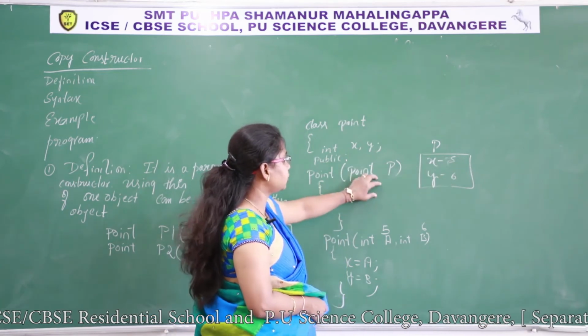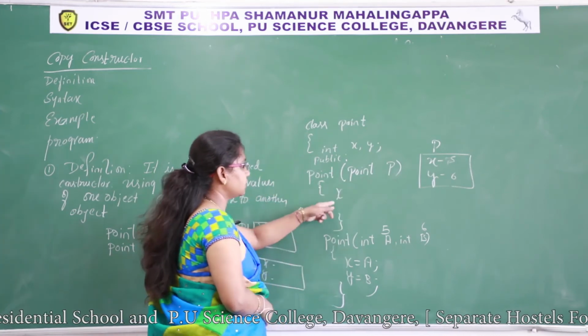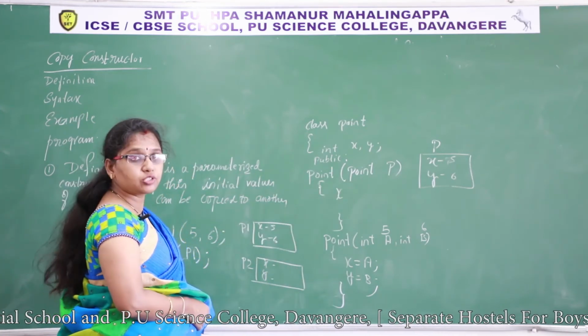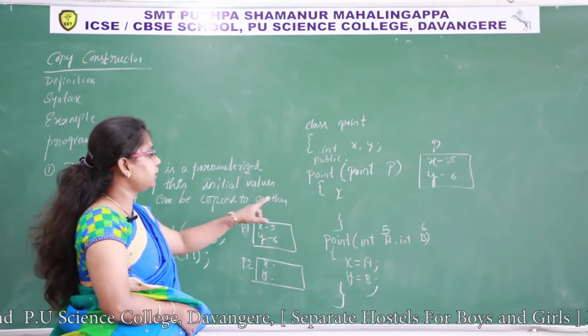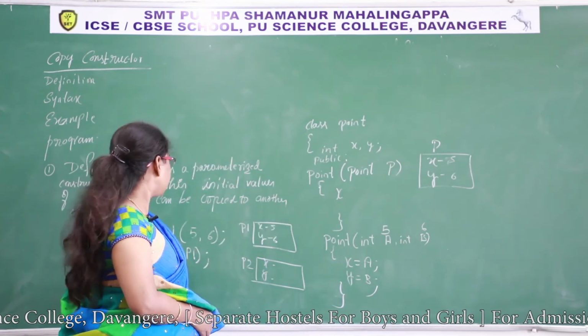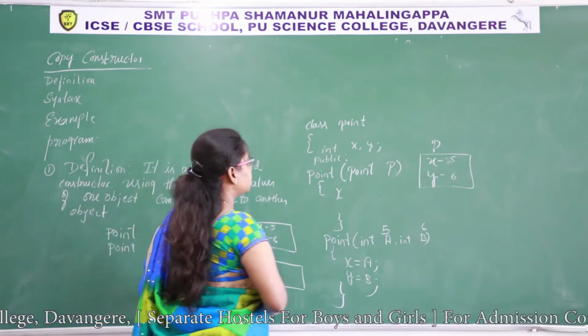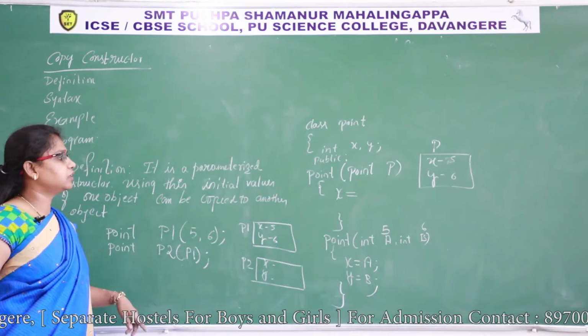Now I have to initialize. If you write only x, whose x is it? P2's x. For which object are you passing? P2 object. So if you write x simply, it means that object's x. P2 object's x is equal to, whose x value are you going to copy?